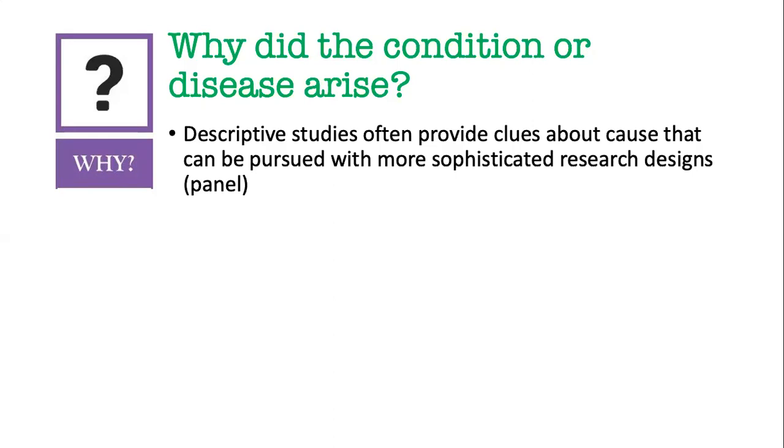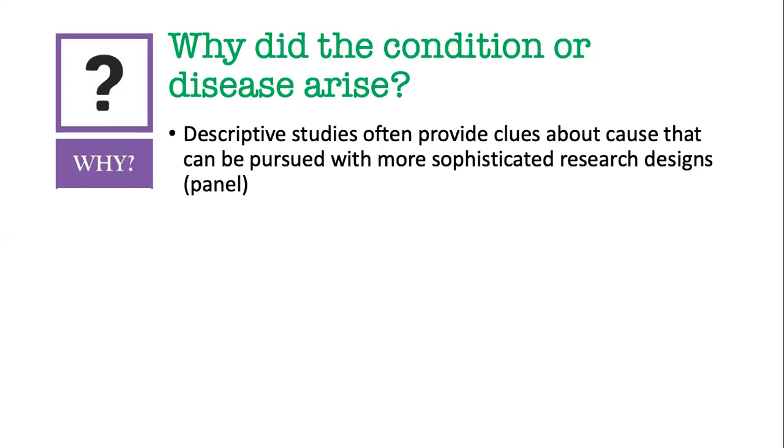This will prompt the company, particularly the company doctor or their safety committee, to investigate the cause of that increased incidence of allergies in their factory. Usually, these are descriptive studies that try to investigate that.